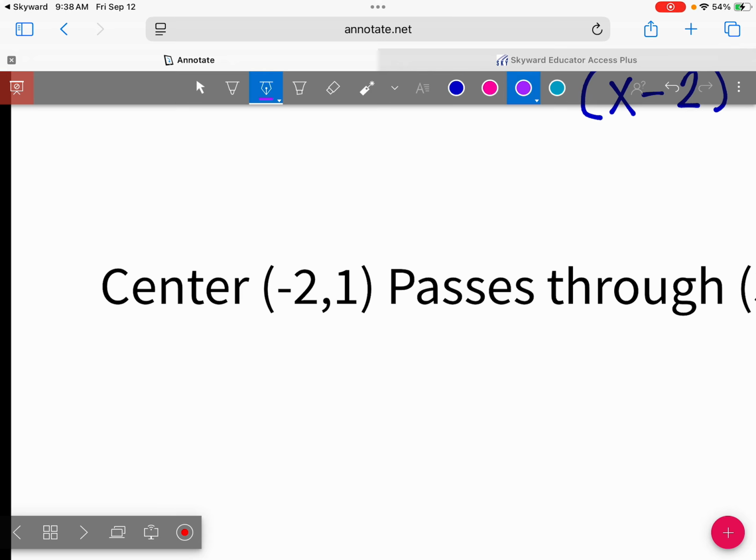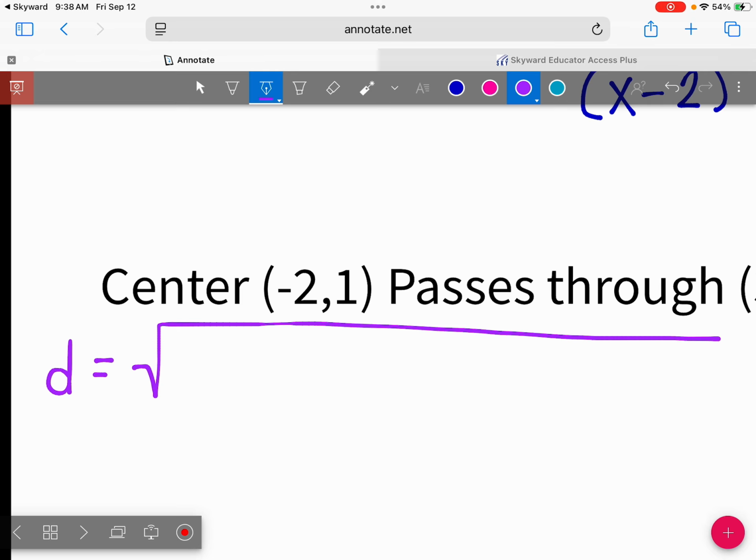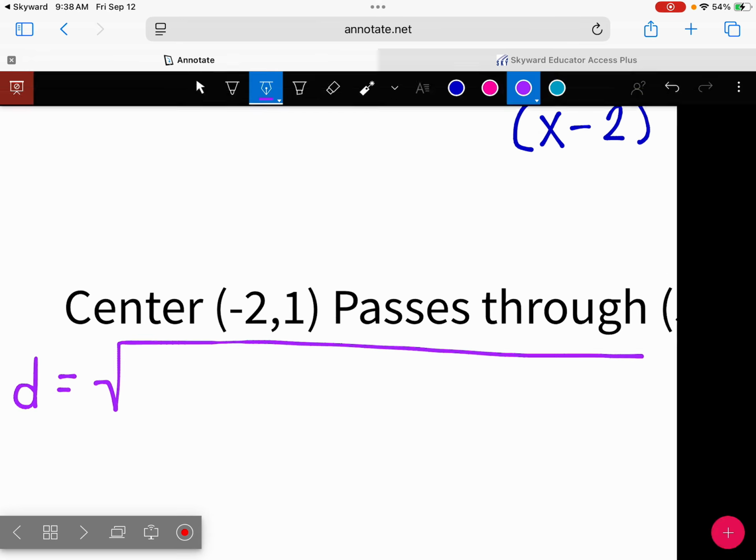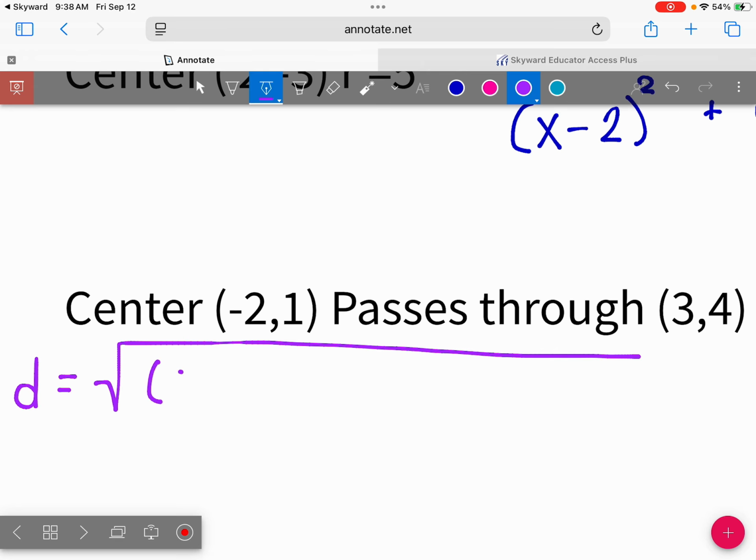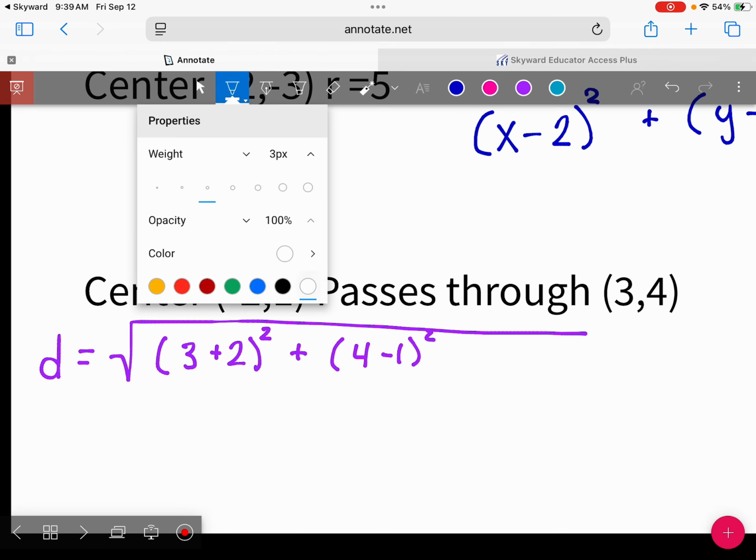We know that the distance between these 2 points is going to be the square root of the difference in our x's, so 3 minus -2, or 3 plus 2, squared, summed with the change in our y's, 4 minus 1... -1 squared. It's all numbers over here, so we can do this.